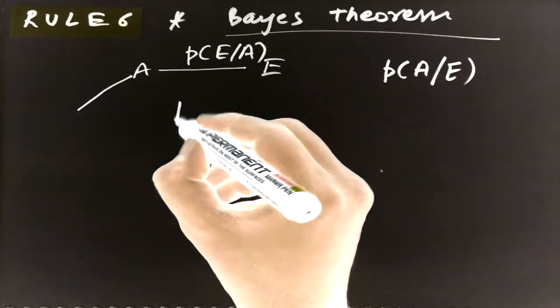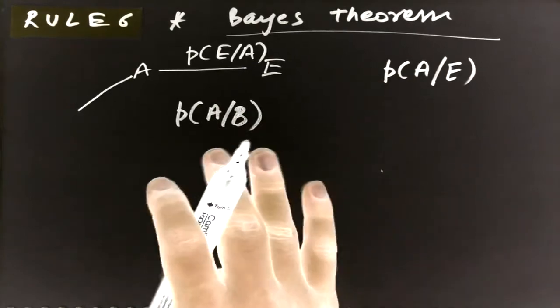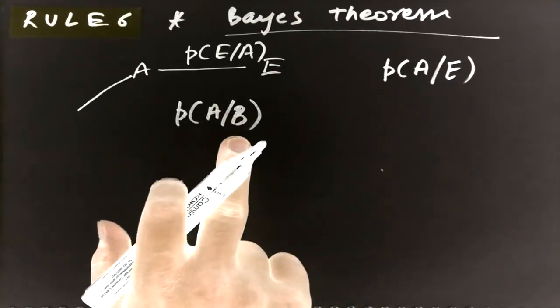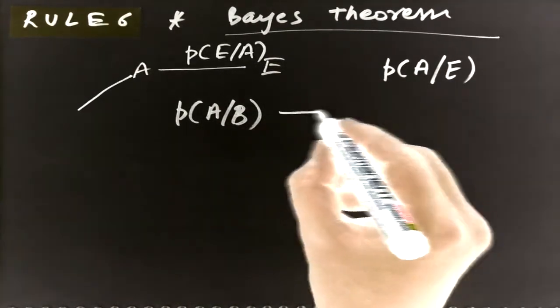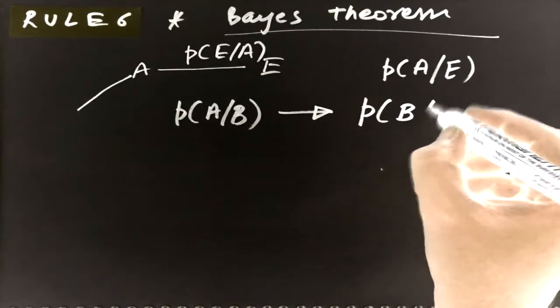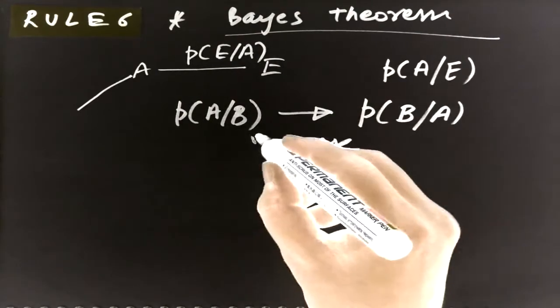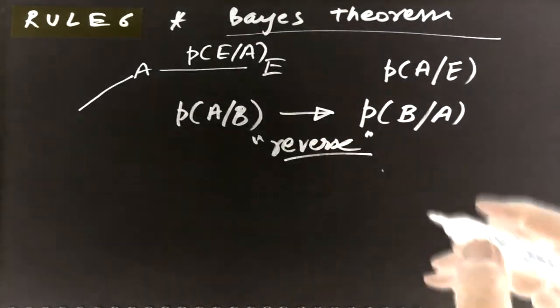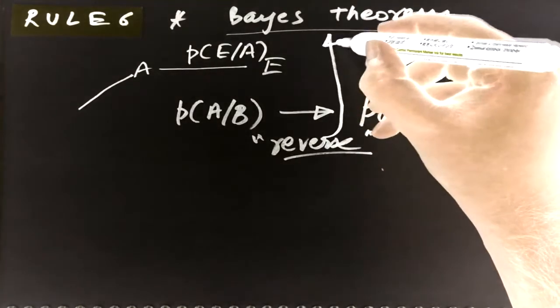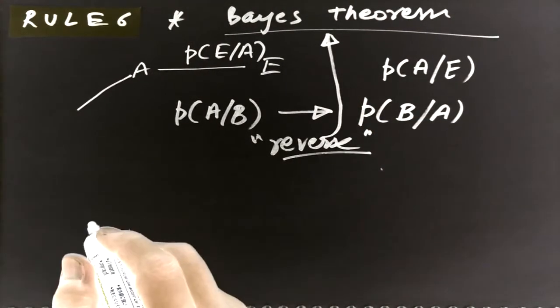So what we are doing, we are given the probability of A when B has been done, and now we have to find the probability of B when A is done. Just a reverse. To find this reverse, we use Bayes theorem. What is the Bayes theorem?